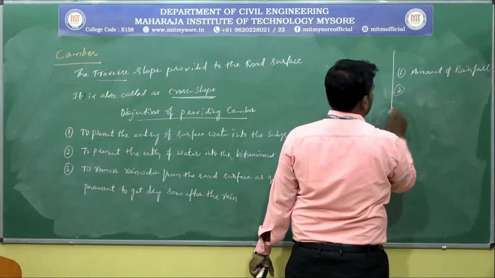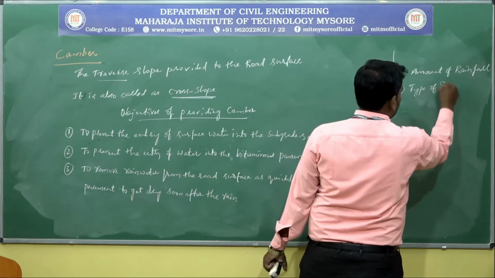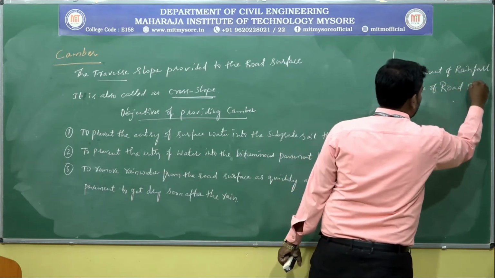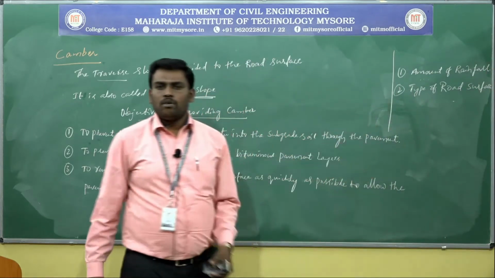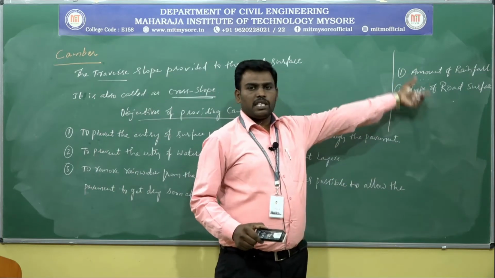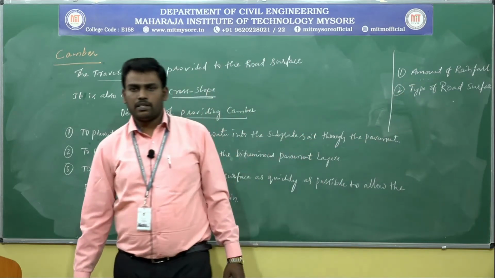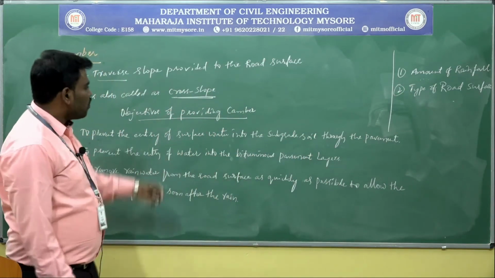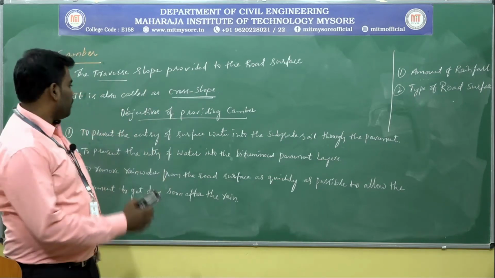Second one, the type of road surface. Okay. The amount of camber to be provided mainly depends on these two factors: amount of rainfall and type of road surface. Is it clear? Next, I will move on to the types of camber or shapes of camber.